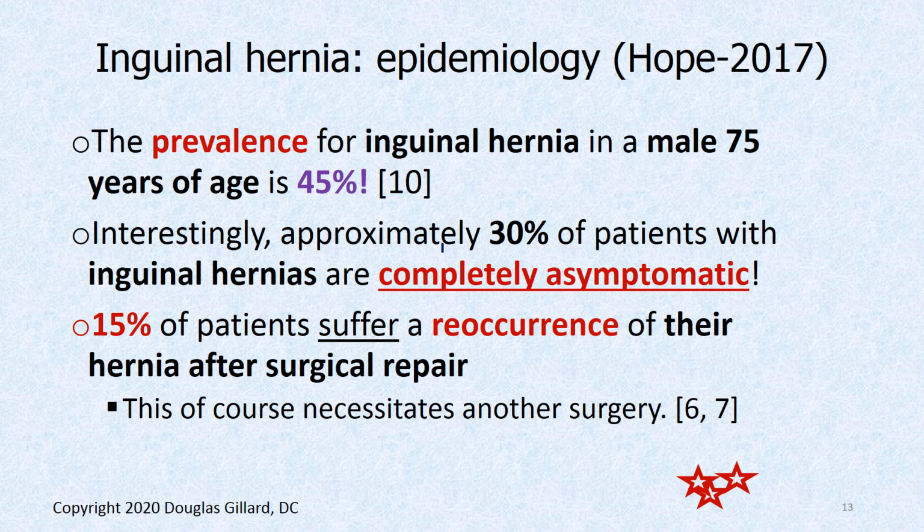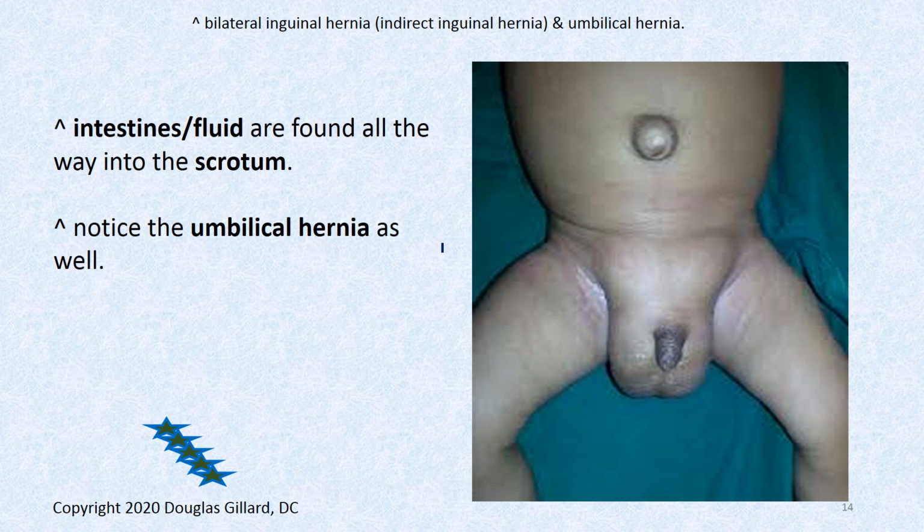About 30% of the patients with these inguinal hernias are completely asymptomatic. If they do get hernia repair surgery, 15% recurrence rate, which is ridiculously high in my opinion. I mean, disc herniation recurrence rate's about maybe 2-3%. So this is quite high, I think.